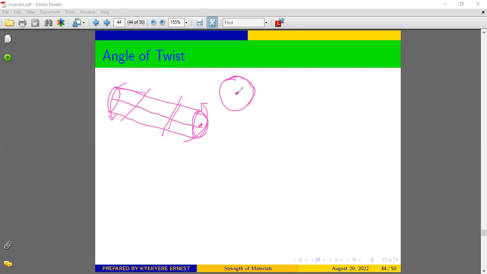And we said that it is minimum at that point. As you are increasing along the radius, the shear strain and the shear stress also increase, and the maximum occurs at the radius of the circular portion.